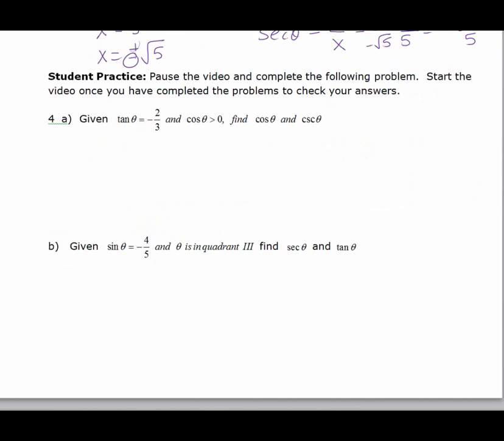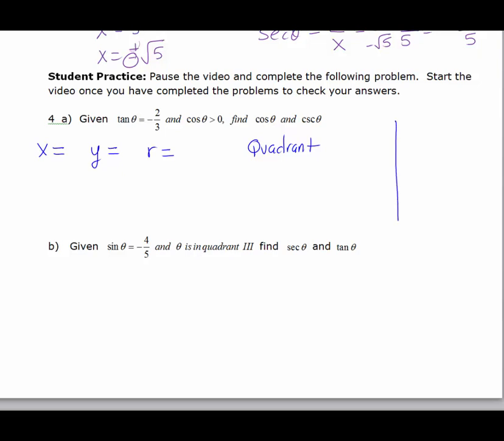Alright, given that tan of theta is equal to negative 2/3 and cosine of theta is greater than 0, or positive, find cosine and cosecant. Again, I'm going to start by writing down the x equals, y equals, and r equals, and I want to find out the quadrant.